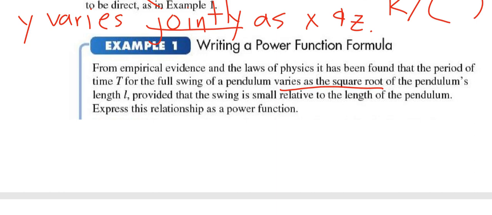I have some not so nice words to say about that, which shall not be in the video. So time varies, it should say varies directly. I will say that on a test, varies directly. It's not an assumption. Come on, it's ridiculous. All right, so how do I say that? Time varies directly as the square root.